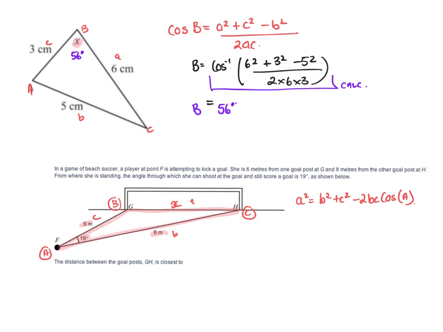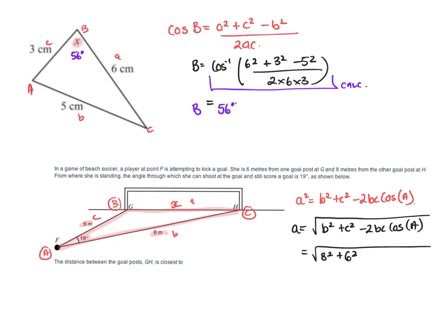So you can type that into your calculator. I'm going to just go straight into the square root formula. I pop in the data, which would be 8 squared plus 6 squared minus 2 times 8 times 6 times cos 19.